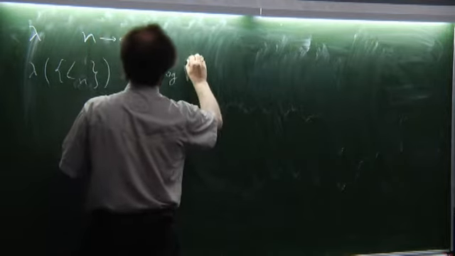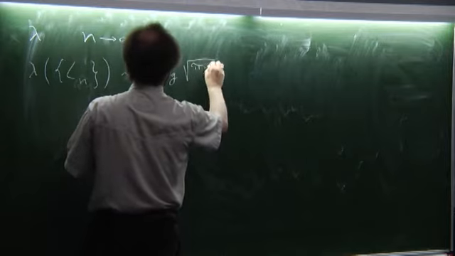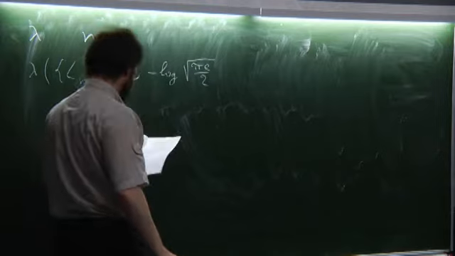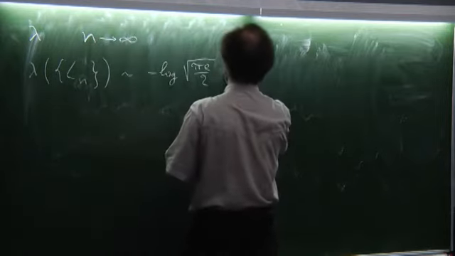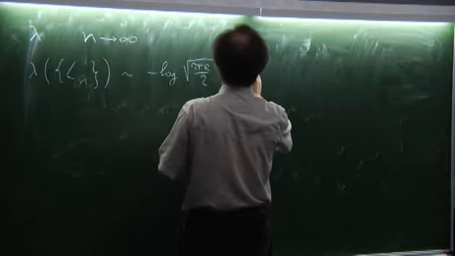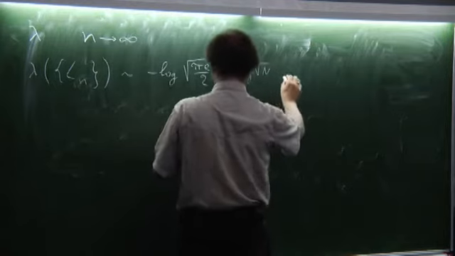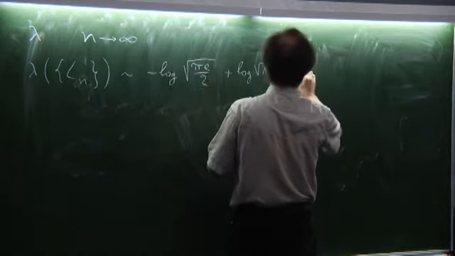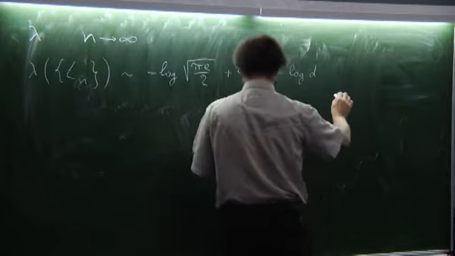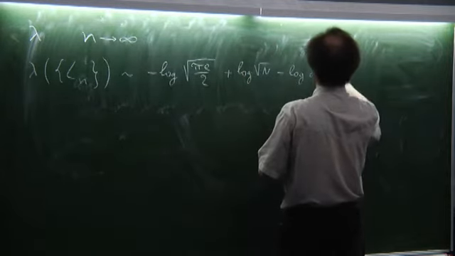The formula will be that lambda of a sequence of lattices with growing n is asymptotically a constant, which is minus log square root of pi e over 2, the log being binary, plus log square root of n minus log d of L, d of the same thing.